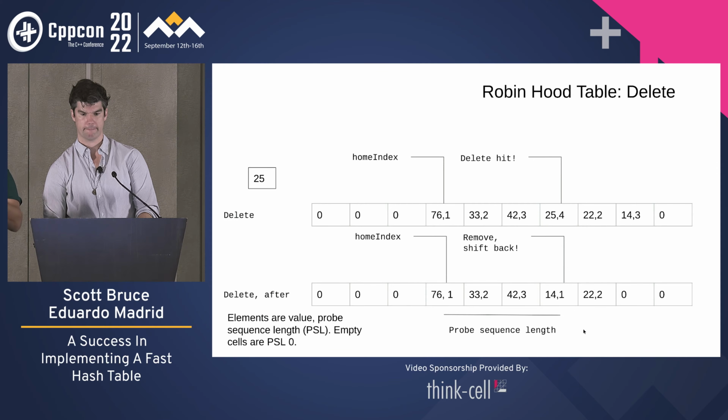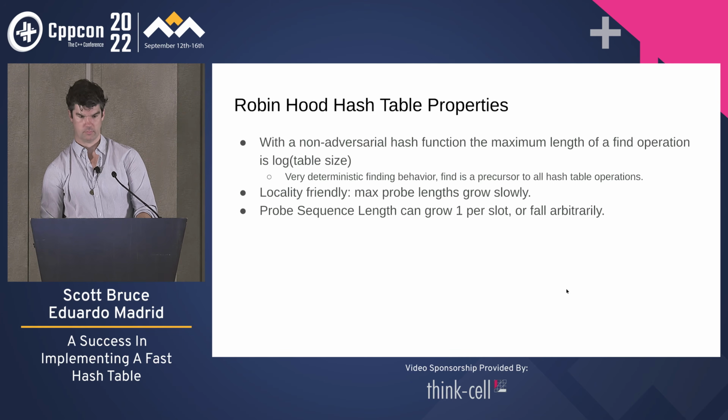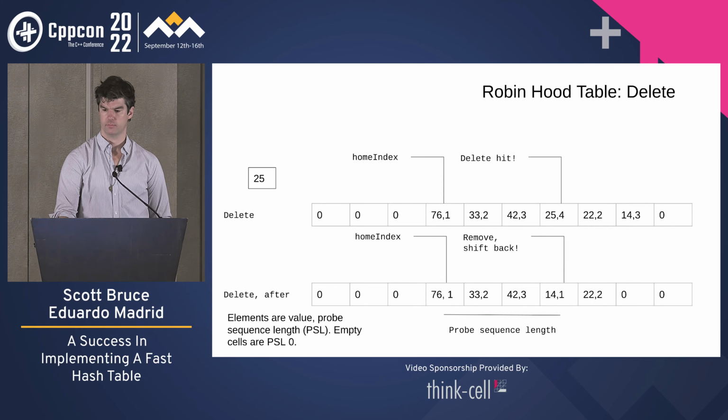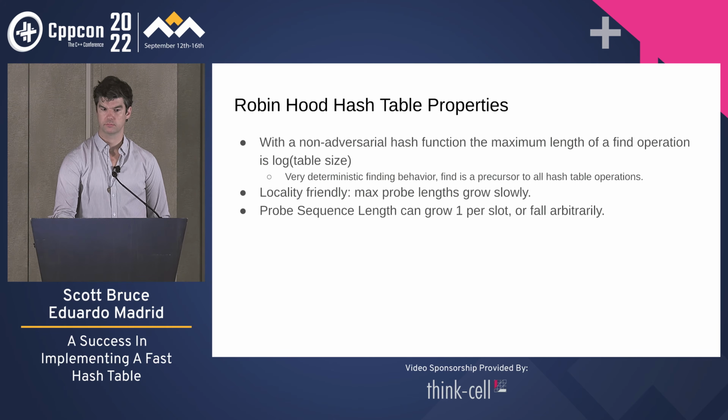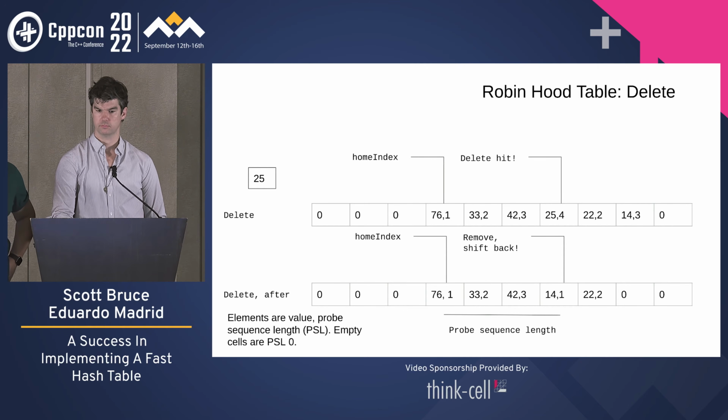So you pull the entirety of the chain of elements that were behind that deletion until you find either an empty slot that tells you that you don't need to continue, or a key that is already in its home.